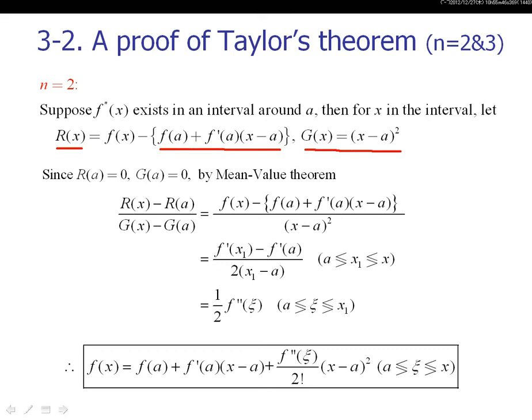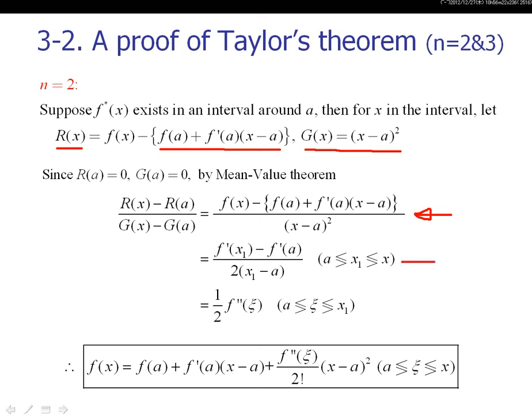Since Ra and Ga equal 0, Rx minus Ra over Gx minus Ga equals Rx over Gx, this one. And we use Cauchy's mean value theorem. So we differentiate numerator and replace x by x1, f prime x1 minus f prime a. And we differentiate denominator and replace x by x1 to get x1 minus a.